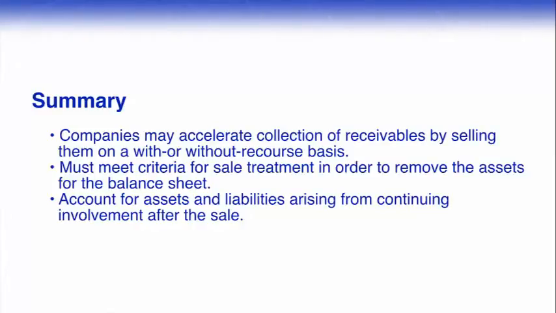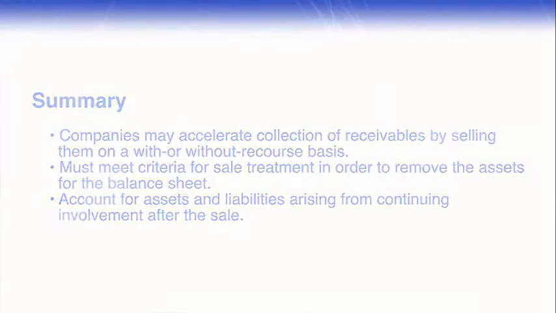Once you meet sale treatment, then we account for the assets and liabilities that arise from that transfer of the receivables, including a possible recourse liability for receivables transferred with recourse. Now note, incorrect application of these GAAP provisions was at the root of the financial crisis, in that many companies entered into loans with questionable features where they had to take back loans that were transferred under these GAAP provisions.